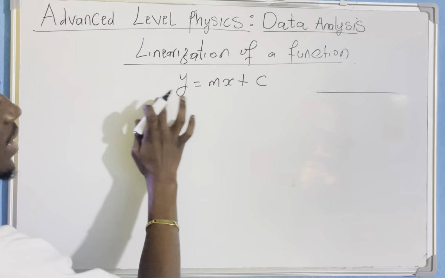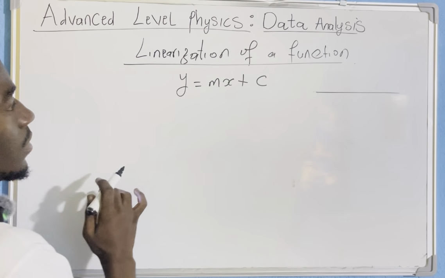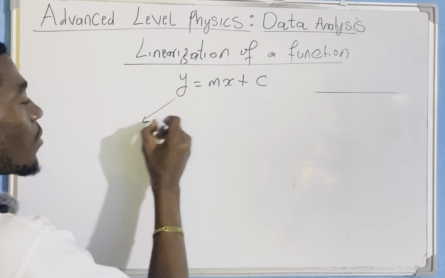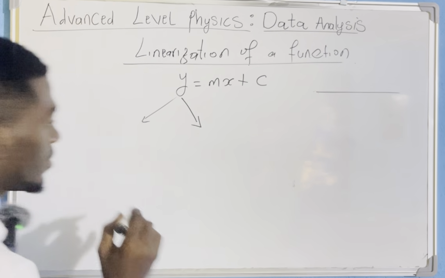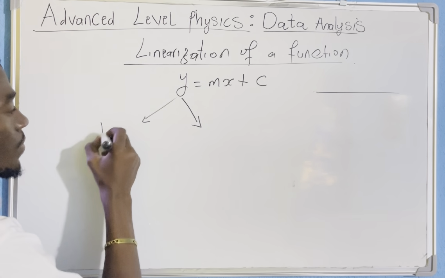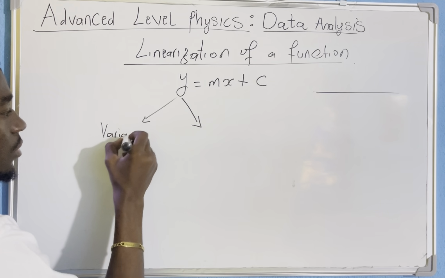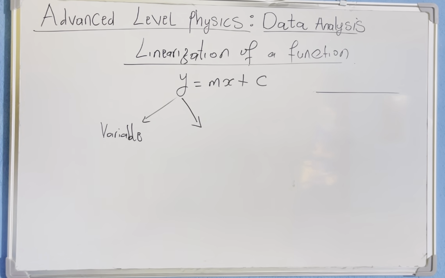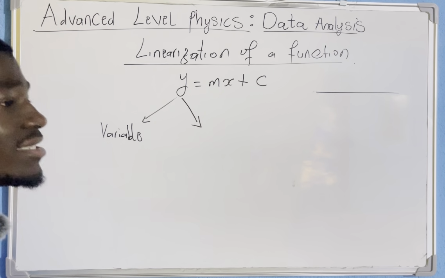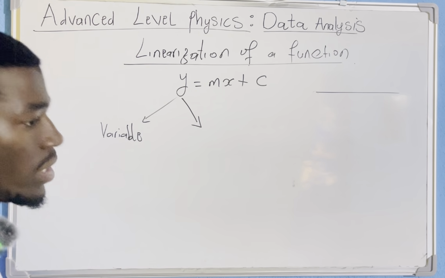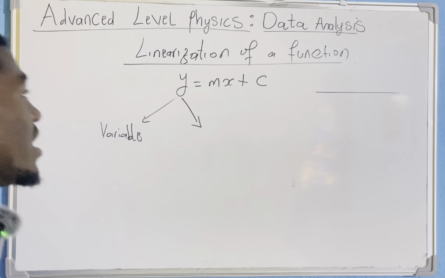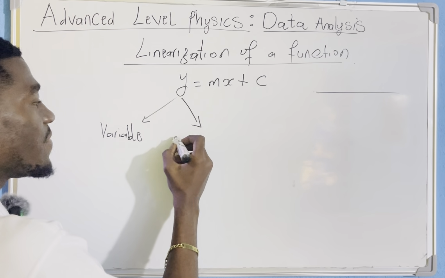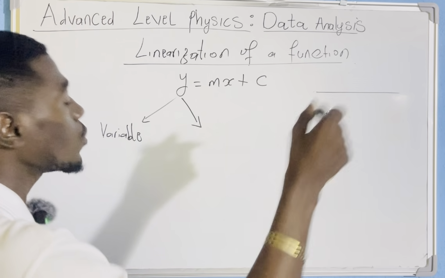Now, look at y equals mx plus c. It means that I should identify that the y term should be made up of only what? A variable. I think you know the meaning of variable. A variable is that physical quantity that is changing, depending on the other quantity. It's not constant. So y should be made up only of a variable, or a variable and a known constant.